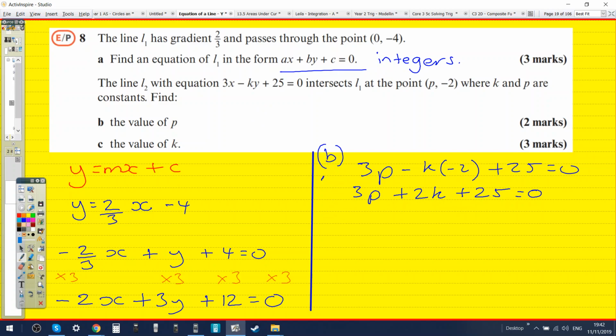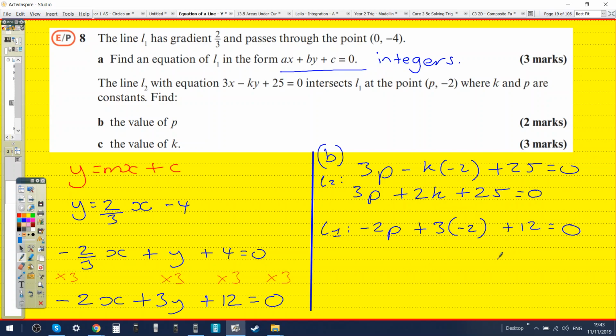Okay, so I need to sub in p, minus 2 into minus 2x plus 3y plus 12 equals 0. Yeah. So minus 2p plus 3 times minus 2 plus 12 is equal to, hold on, it's equal to 0.